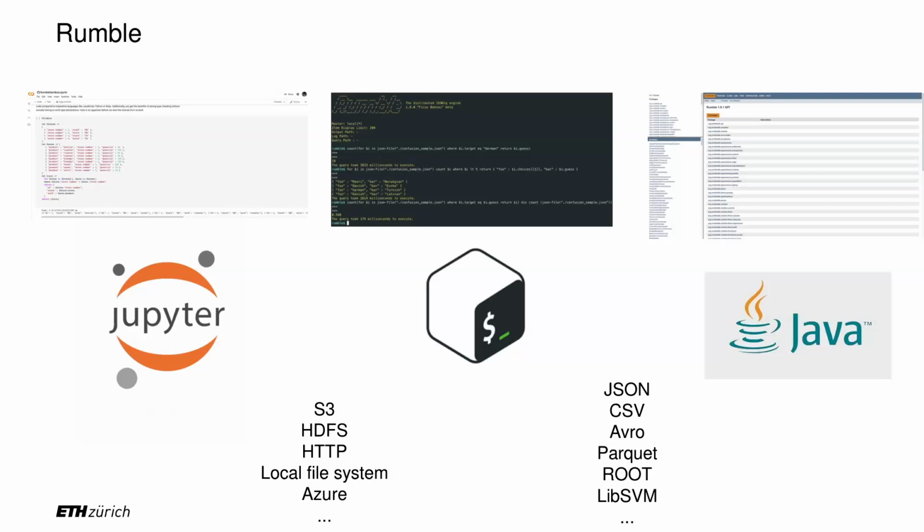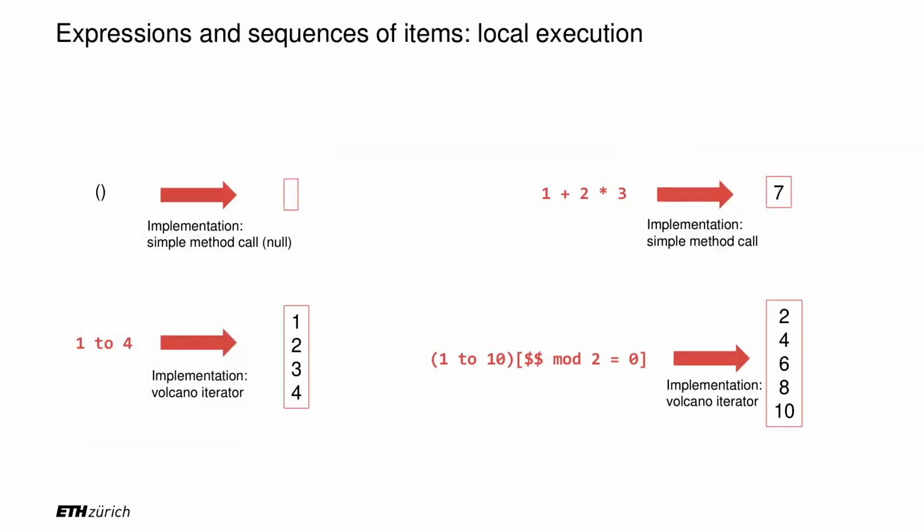Azure Blob Storage, and so on and so on. Google Cloud Storage, we haven't tested, but there's no reason why it wouldn't work. So this is the place for the data lake. Then in terms of formats, it can read JSON, CSV, Avro, Parquet, Root, which is the CERN high energy physics format, libsvm for machine learning, and so on, right? So this is everything it can do just with the same language, the same queries.